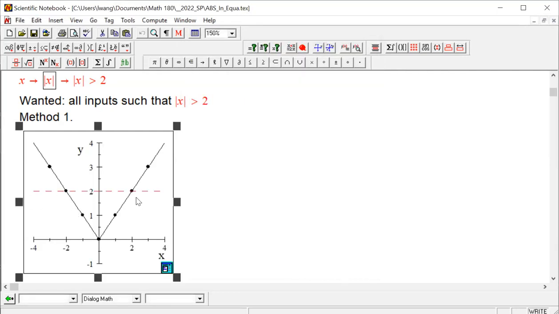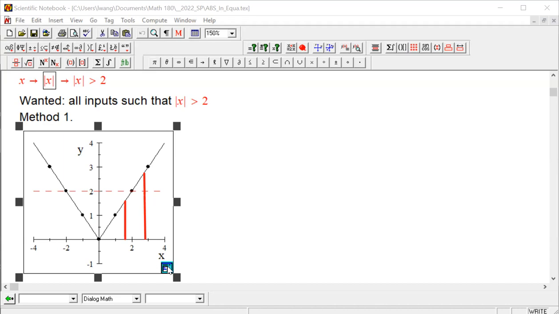So this line is the criteria, because beneath it, any output that's lower is less than 2. Any output that's higher is larger than 2. And will these 2 dots be included? No, these 2 dots will not be included because they cause the absolute value to equal 2, right? Equals to is not included.